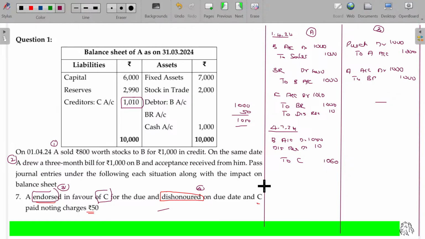While endorsing, we don't have any entry. On dishonor, very simple, reversal of this entry. Apart from that, another 50 rupees should also be payable. So the entry being bills payable account debit 1000, but the amount payable to A account being 1050. The additional 50 is for noting charges. Noting charges account debit. Hope now you'll be able to understand the seventh model.